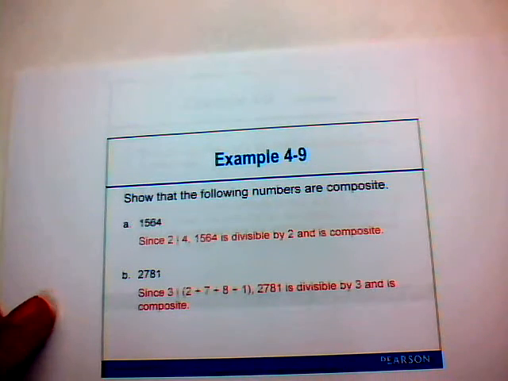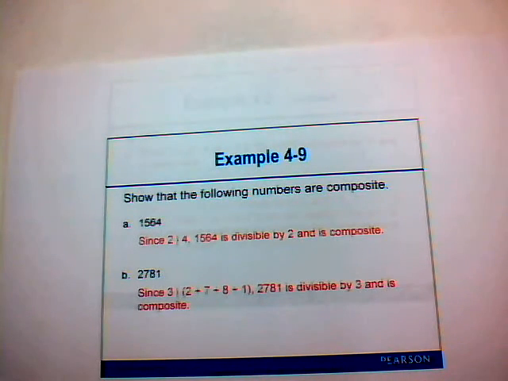Let's look at this example here. Show that the following numbers are composite. The number 1564 is composite because I can divide it by 2. The last digit is a 4, so that tells me that 2 can go into 1564, and I believe 782 times.